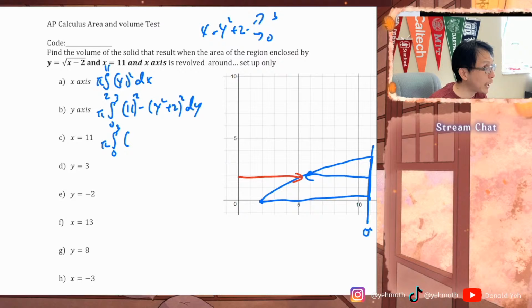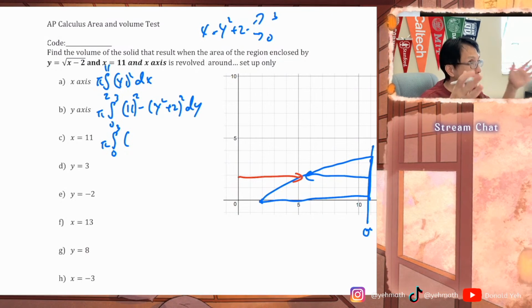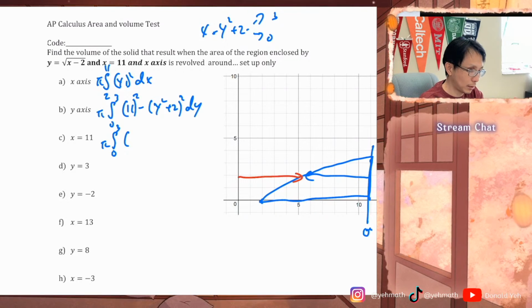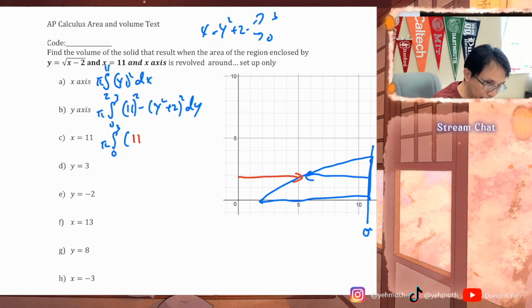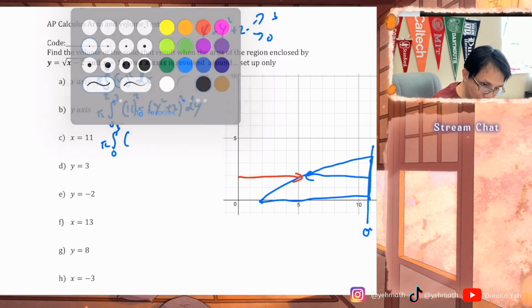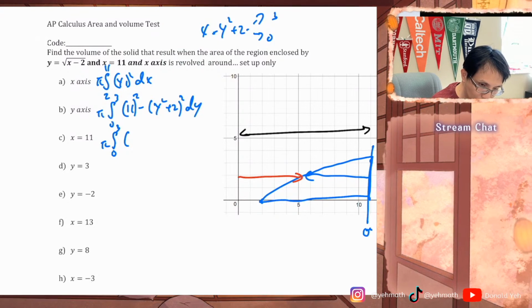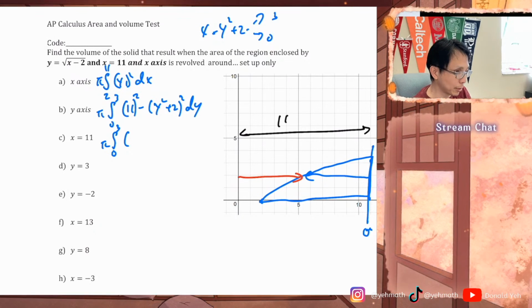This is a function, right? The red line is a function, right? So it'll be 11 minus the blue. We're gonna color code this maybe. We're gonna say the black one is the 11. So 11 minus red is equal to blue.